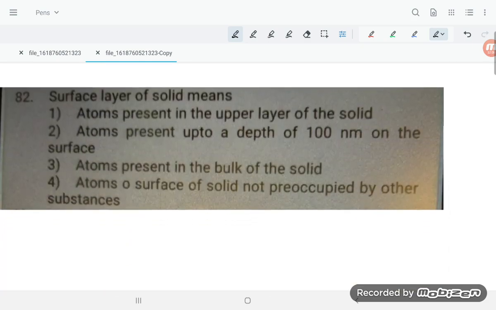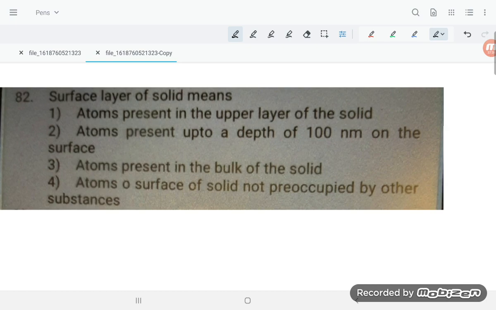Surface layer of solid means atoms present in the upper layer of the solid. Atoms present up to the depth of 100 nanometer on the surface. Atoms present in the bulk of the solid. Atoms on the surface of solid not occupied by other substance. Okay. So which could be our answer, students, if we talk about this?